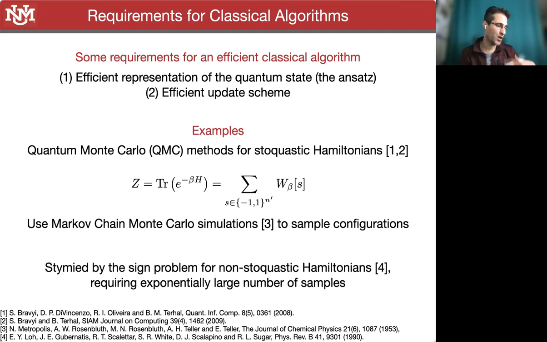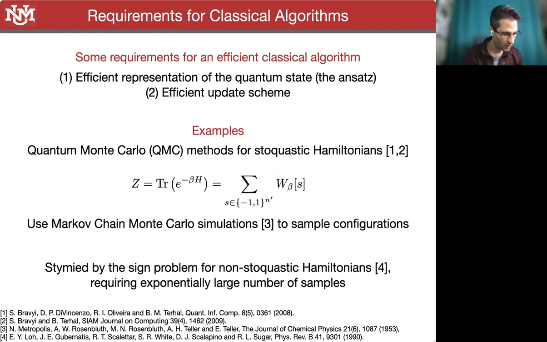But for us, another big problem of quantum Monte Carlo is the fact that we're restricted to stochastic Hamiltonians, right? And as soon as you relax this condition and start considering non-stochastic Hamiltonians, it becomes very difficult, if not impossible, to find an expansion where all of these weights are positive, right?